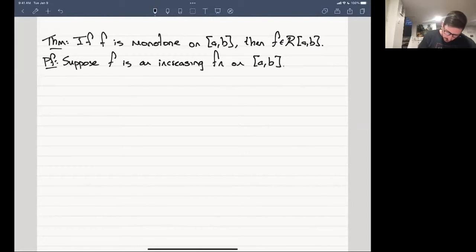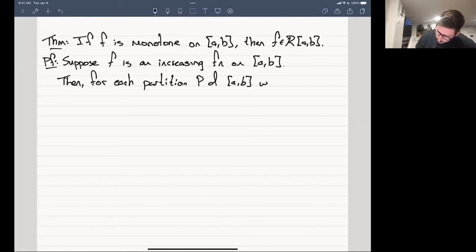Okay. Then for each partition P of [a, b], we have, well, let's take a look here. The upper sum minus the lower sum.